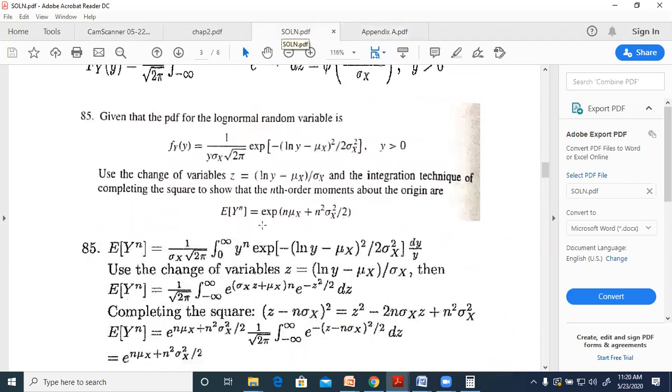In the solution, if we need to write this over here and then use the change of variable z equal to (ln y minus mu x) by sigma x, then the quantity will get reduced to this one. So completing the square, we get (z minus n sigma x) squared equal to z squared minus 2 n sigma x z plus n squared sigma x squared.